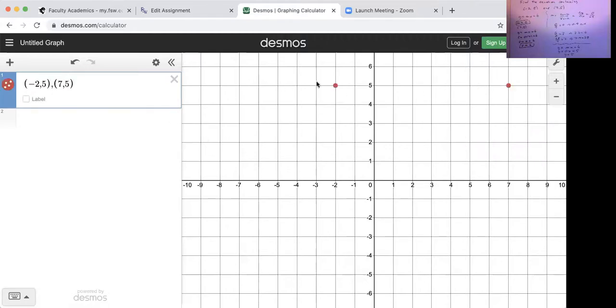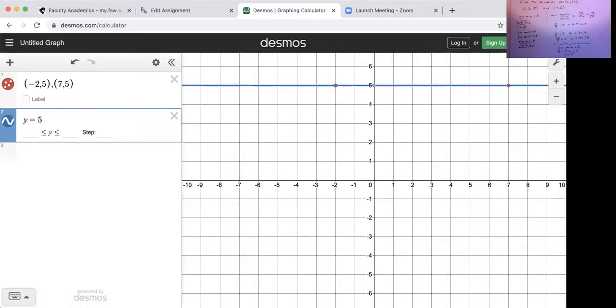Well, if we connect those, what are the other points on there? Well, this point would be here, 6, 5, 5, 5, 4, 5, 3, 5, 2, 5, 1, 5, 0, 5. What do they all have in common? They all have in common that y equals 5. So we're able to do that using slope-intercept form, but if we thought about it, both of these y values are 5. The equation's got to be y equals 5.